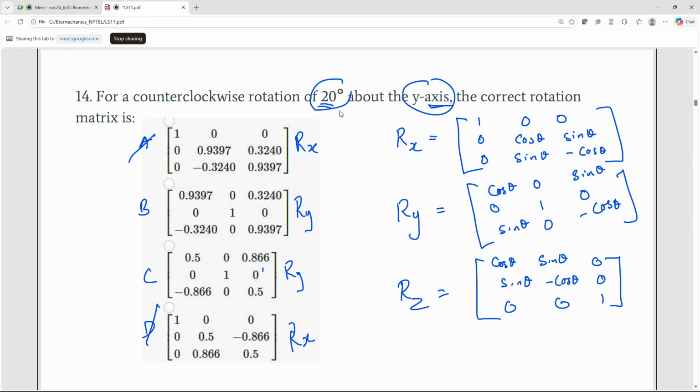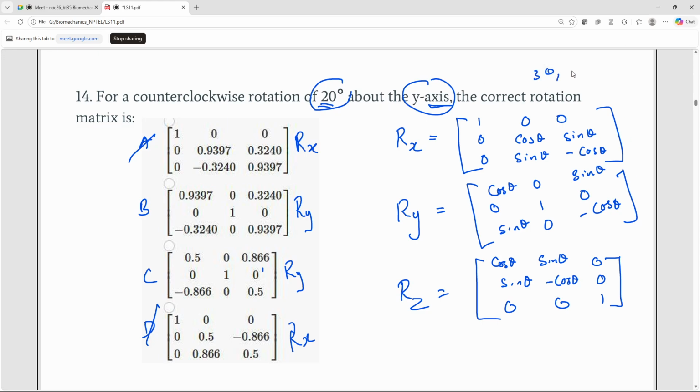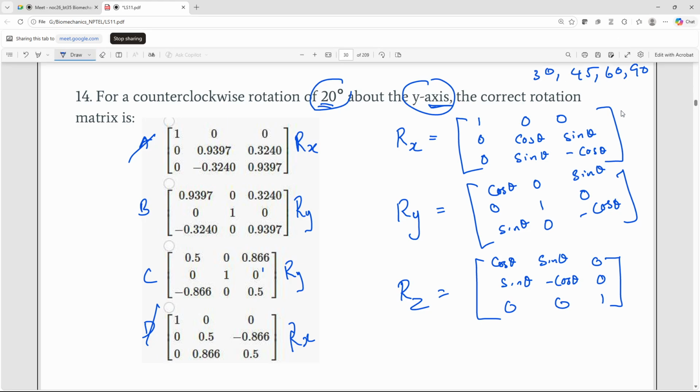It's 20 degrees, not a standard angle. If it is 30, 45, 60 or 90, we could have easily found out from the standard triangles.